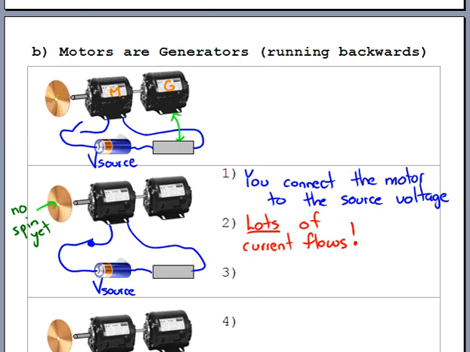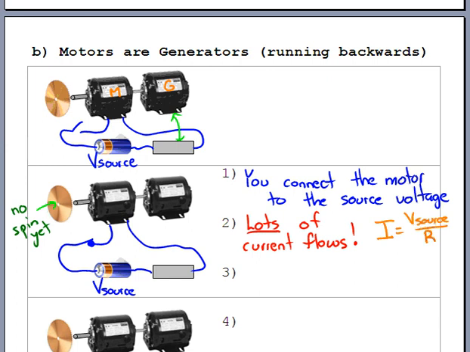The current would actually just be the source voltage divided by the resistance of the coil. And it would be a current, to be honest with you, that is so large that at that level, the circuit breaker in your house will eventually trip. It's probably going to be way more than this circuit can handle long term. Maybe for a few tenths of a second it will be okay, but we don't want to have that much current flowing all the time. Okay, well, why do we do that?